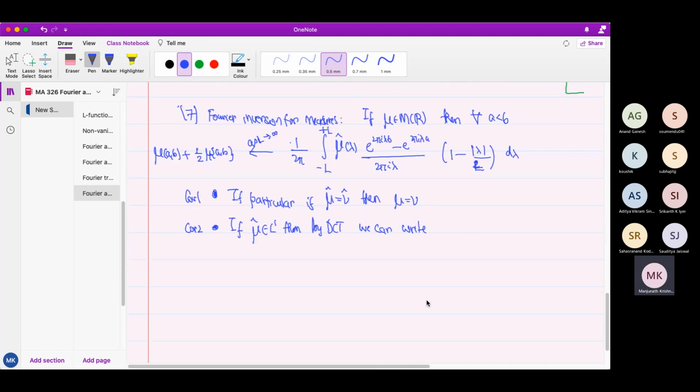We can write mu of (a, b) plus half of mu at the endpoints equals 1 over 2 pi times the integral from minus infinity to infinity of mu hat of lambda times e to the 2 pi i lambda b minus e to the 2 pi i lambda a, over 2 pi i lambda, d lambda.